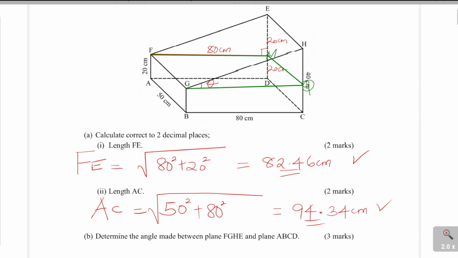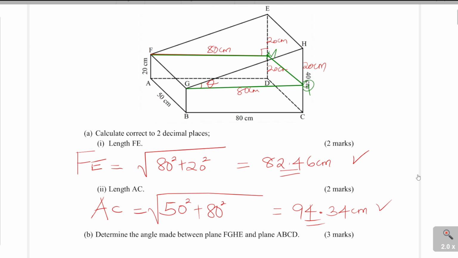How do we get that angle? You consider this triangle here, with the measurements 80 centimeters and 20 centimeters. You can use trig ratios to get that angle.